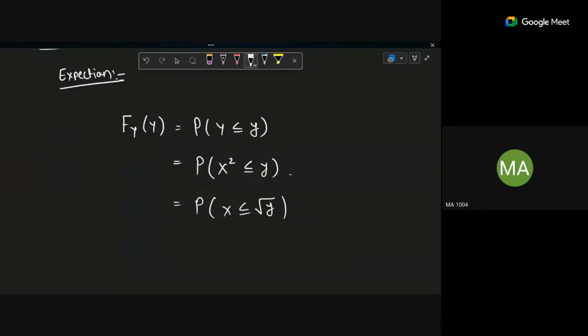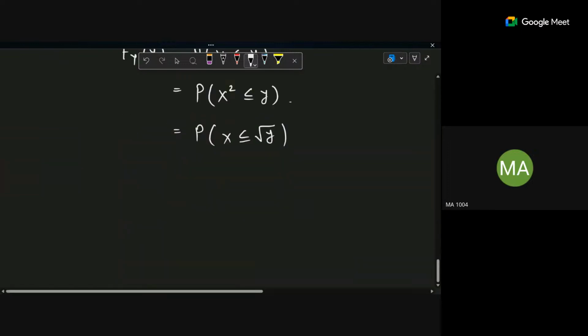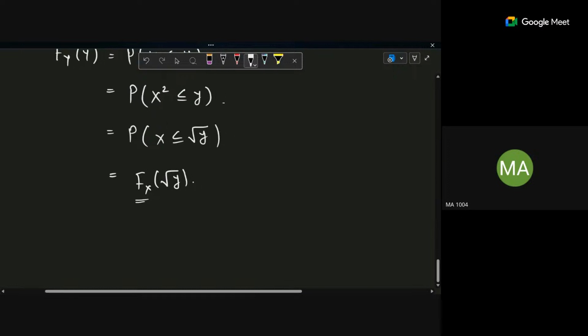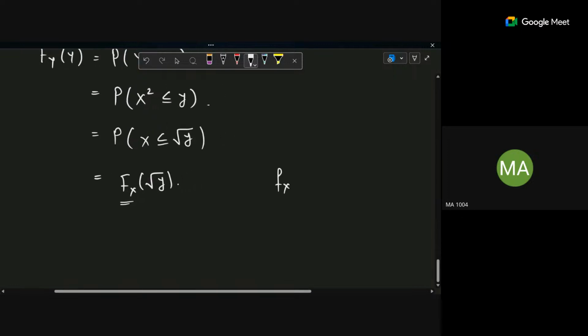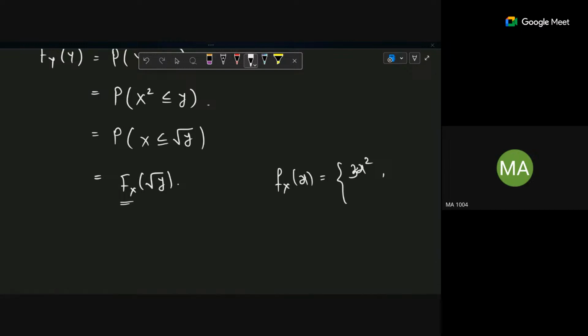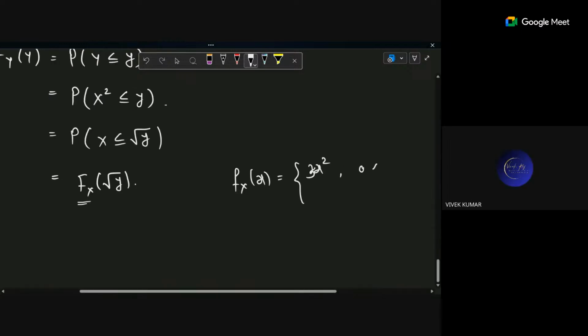That's it. Now, what will you do? This is nothing but what? F_X of square root y. So just find the CDF of x. How will you find it? If you know the PDF of x, that is what, 3x square, right? Yes, ma'am. For the range what? 0 to 1, and 0 otherwise, right? Yes, ma'am. So just tell me what is your CDF?